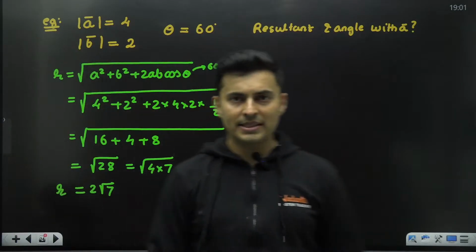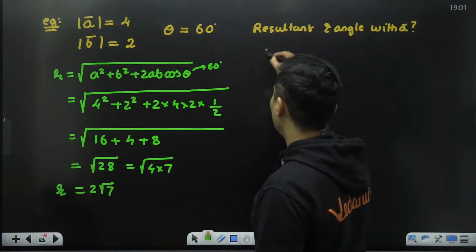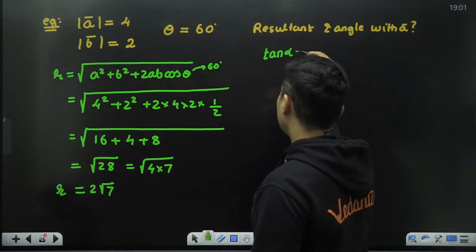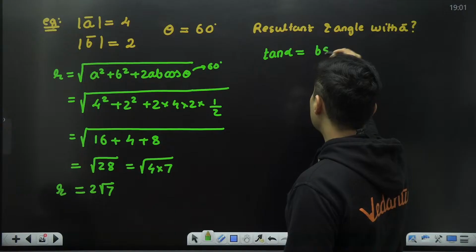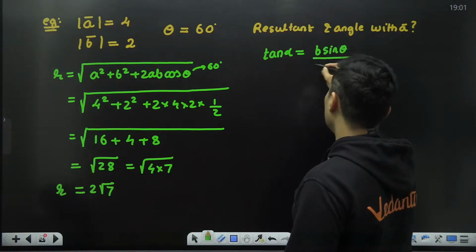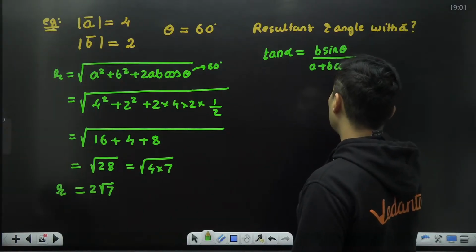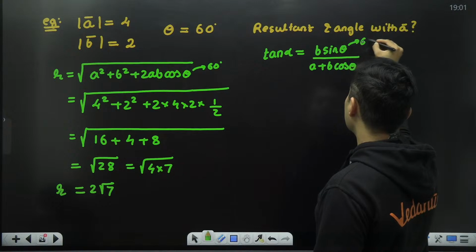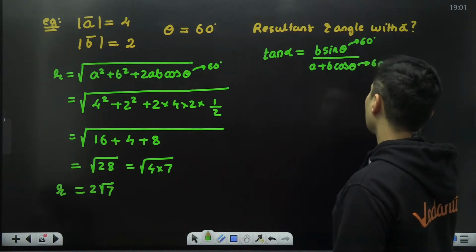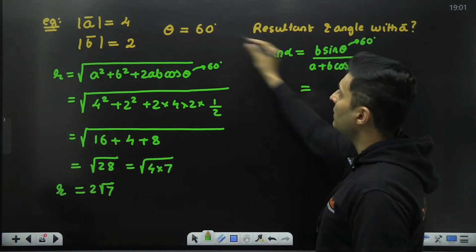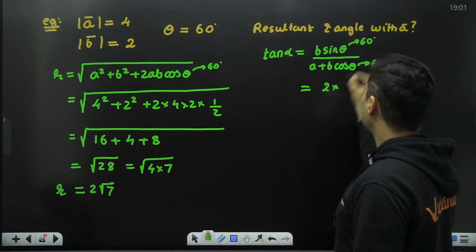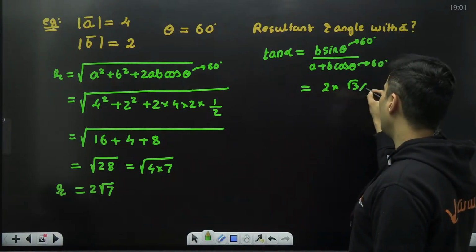Similarly, we can also find tan of alpha. So tan of alpha being b sine theta upon a plus b cos theta. Theta is 60 degrees. Do not forget that as given. So b is nothing but 2. Sine 60 is root 3 by 2.